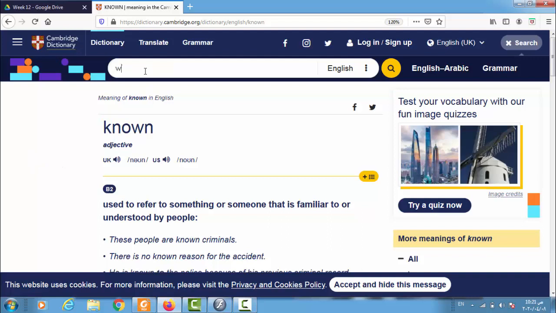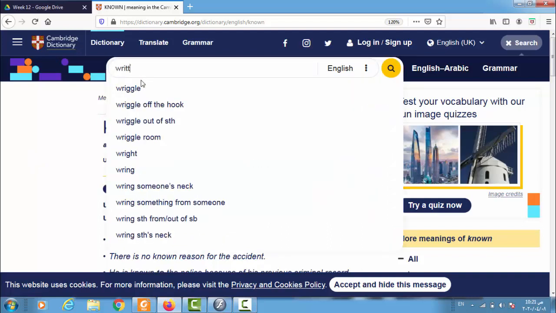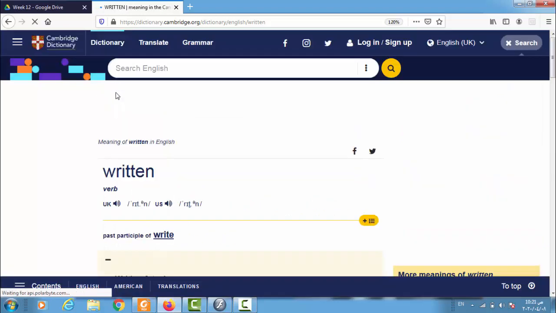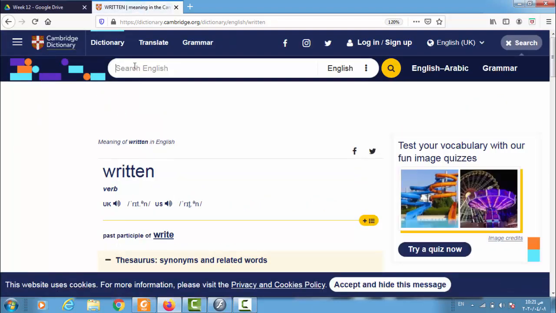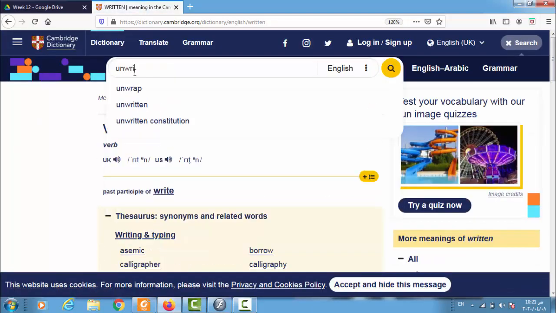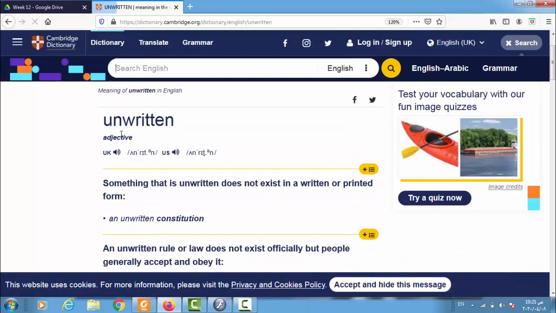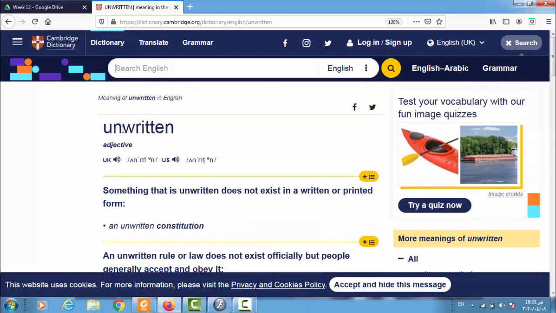I want to go back again to the word unwritten because we have another silent letter in here, guys. It was unwritten, right? You can find that as well in here. The W is silent. This is the silent consonant in the word unwritten.